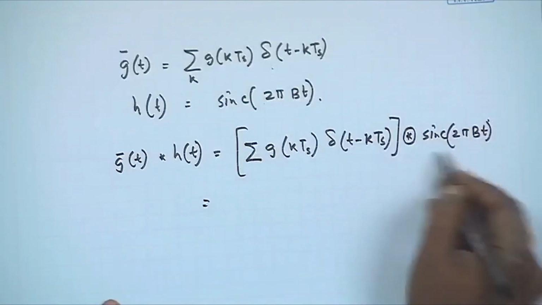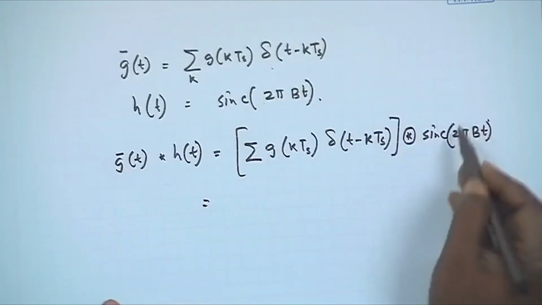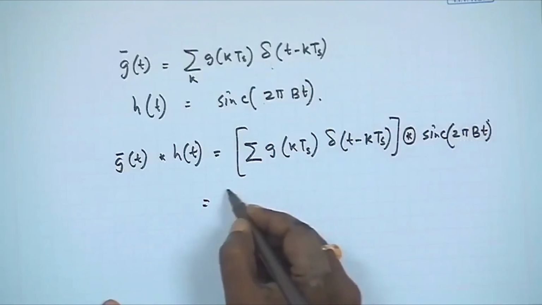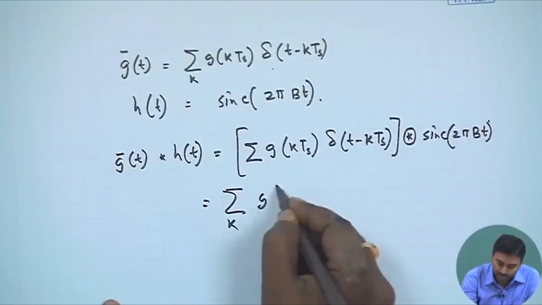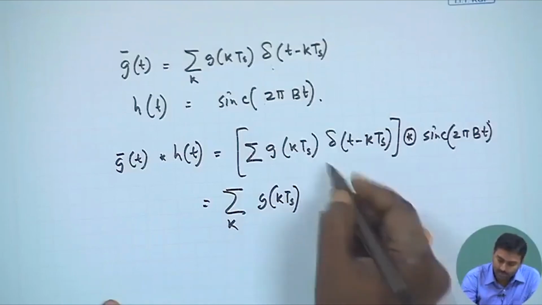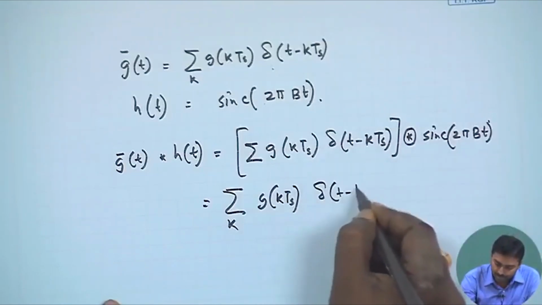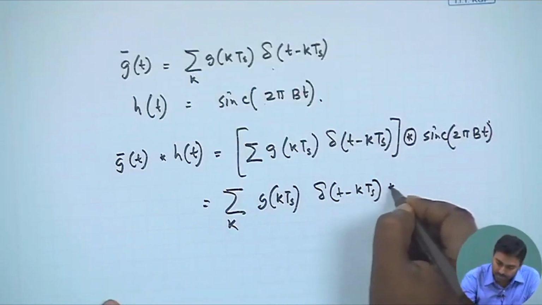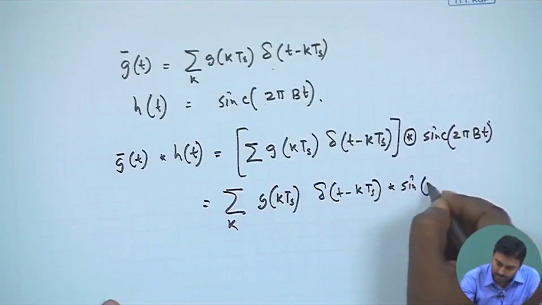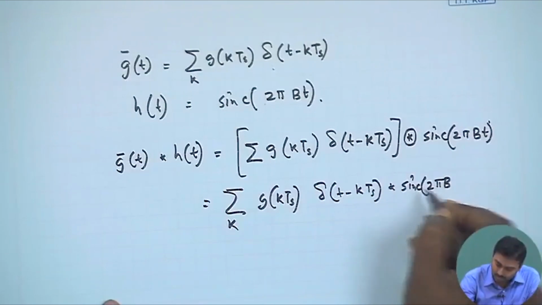Because this summation has nothing to do with it, no k factor over here, I can take this inside the summation. So, I can write summation k g(kTs). So, this is just a delta convolved with this. So, delta(t minus kTs) convolved with sinc 2 pi bt.